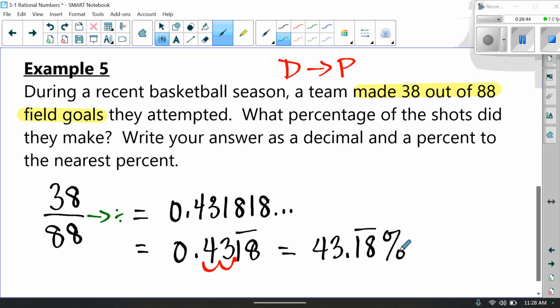Is everybody with me? Now we want to round to the nearest percent. The 1 tells me what to do. It stays the same. When I round it, you guys see the squiggly equal sign, that means approximately equal to. So this is going to be 43%.